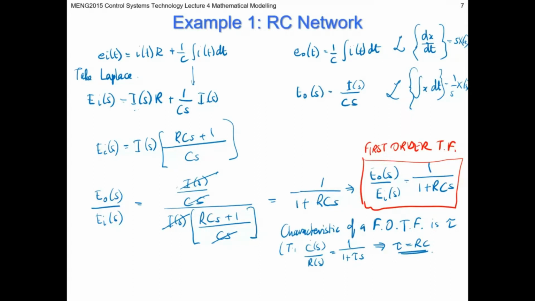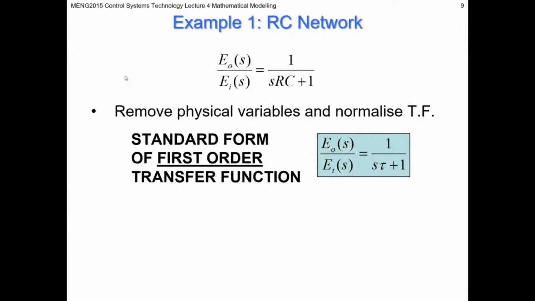That's a reasonably important result as well. So we can express it in its standard form like this, like I just wrote it on the previous slide. And our time constant tau equals RC.